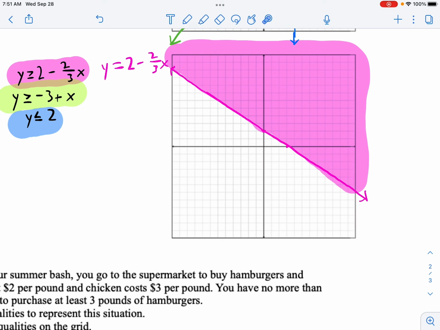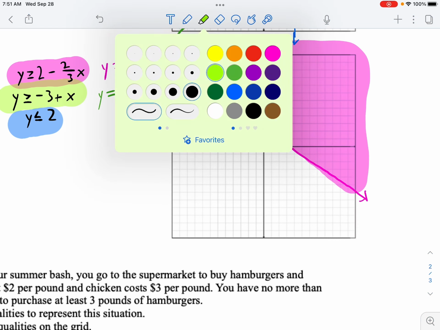All right, now this green line, this green inequality, okay? So we're going to graph this just as if it were the line y equals negative 3 plus x. And I'm going to use a solid line because I have y is greater than or equal to negative 3 plus x, okay?